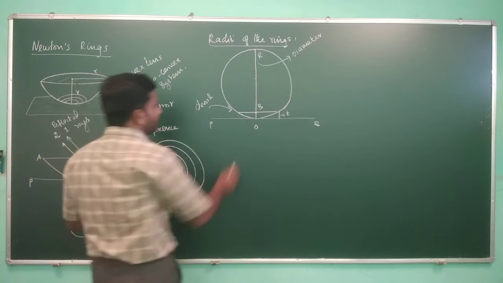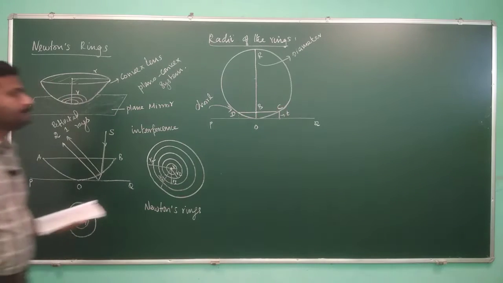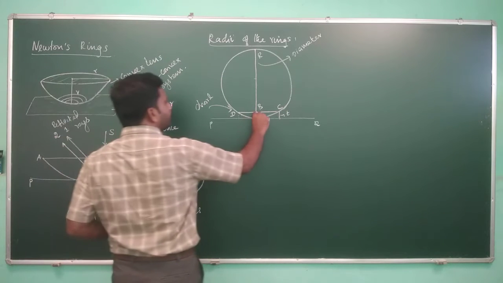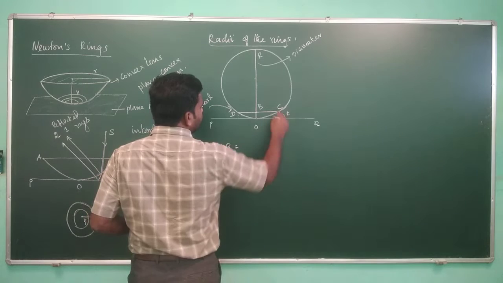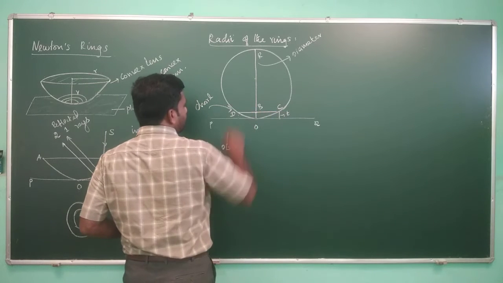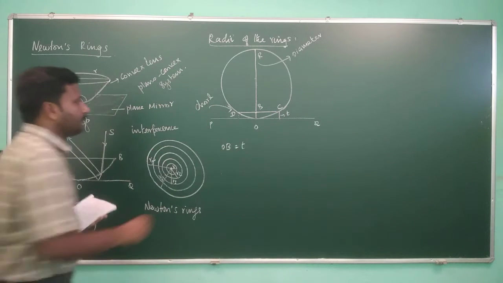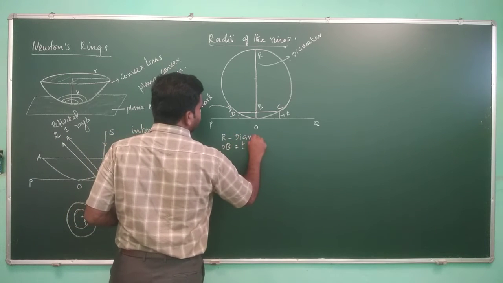Let us name this as D, this as C, for example. Now this OB is equal to this thickness T. And earlier we said R is the diameter of the circle.